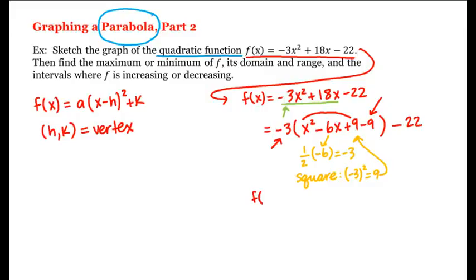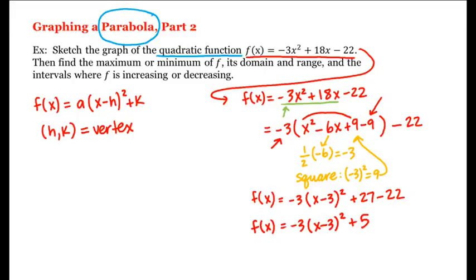That is, f of x is equal to negative 3 times x minus 3 quantity squared, and then negative 3 times negative 9 is positive 27, and then we still have minus 22. Or f of x is equal to negative 3 times x minus 3 squared plus 5.